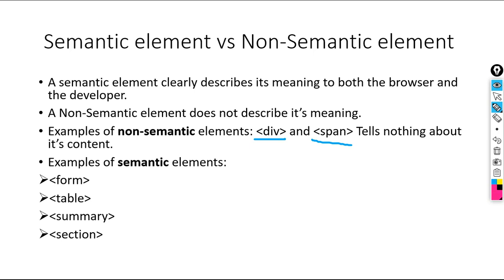But on the other hand, form, table, summary, section are English words, means it is easy to understand, they are giving some meaning. In this way we can say that semantic elements describe their meaning to both browser as well as developer, but non-semantic elements do not describe their meaning. Now let's move forward.